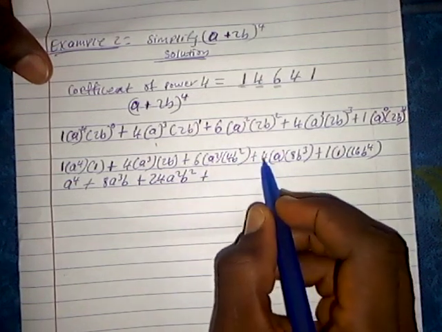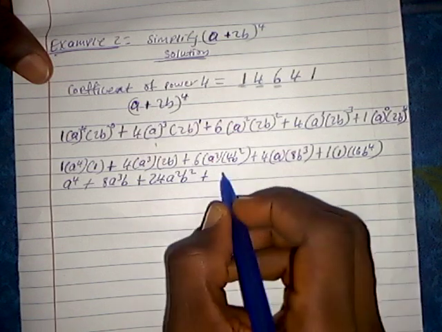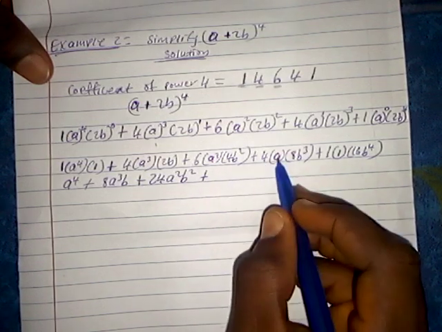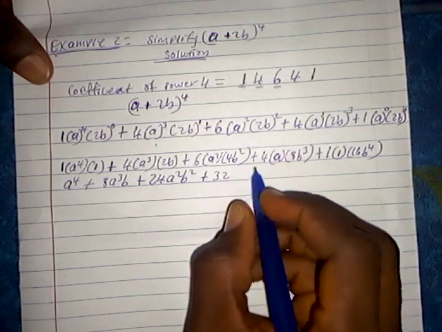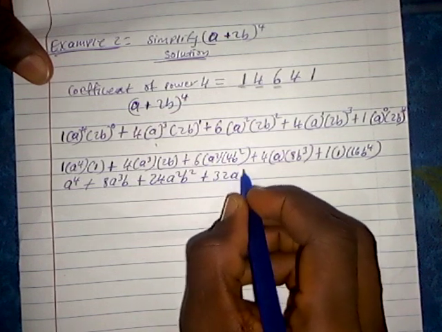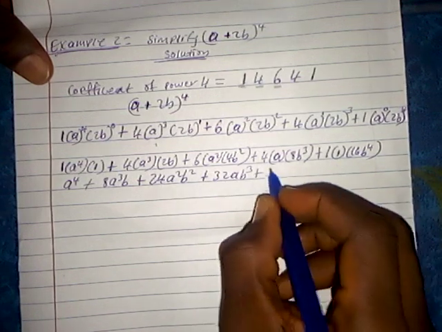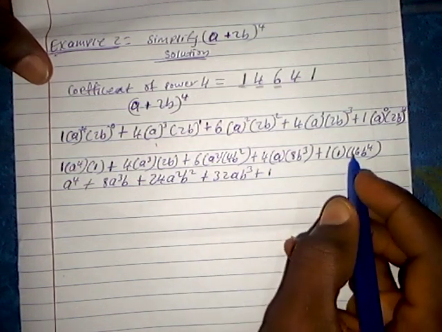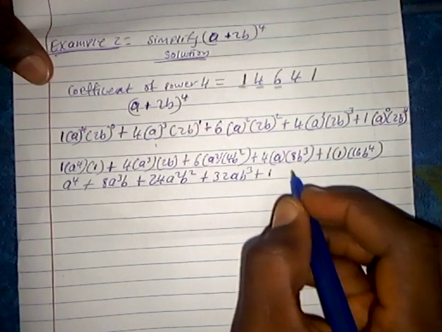Plus 8 times 4, I think 32, right? Good. A, and this b has cube. So you see what? 32ab cube. Do you see? Plus 1 times 1 is just 1, times 16b fourth.